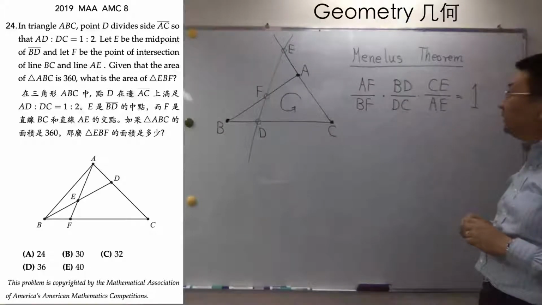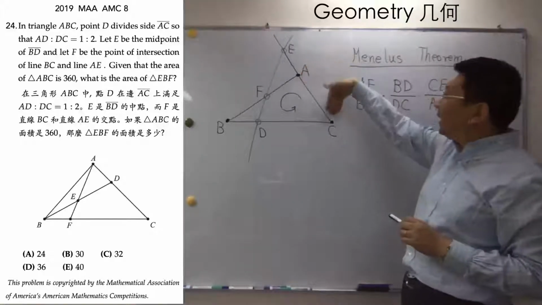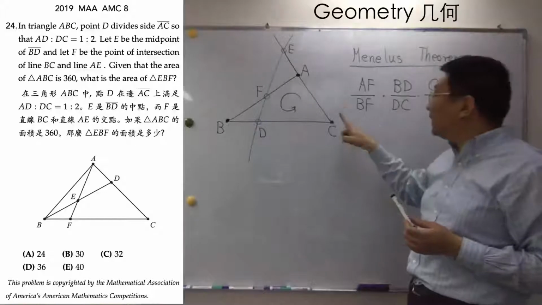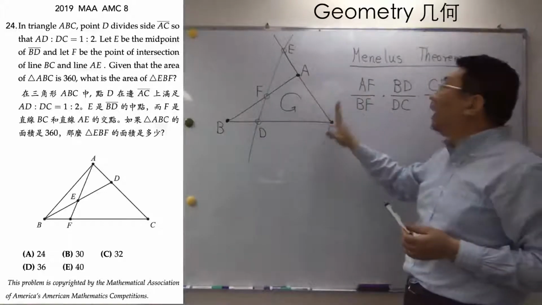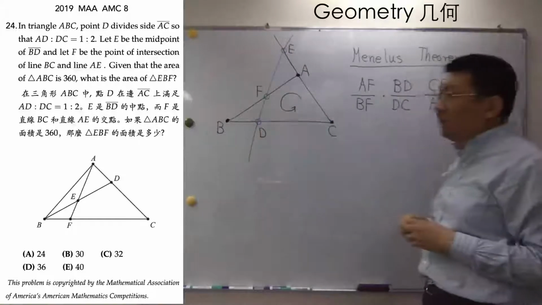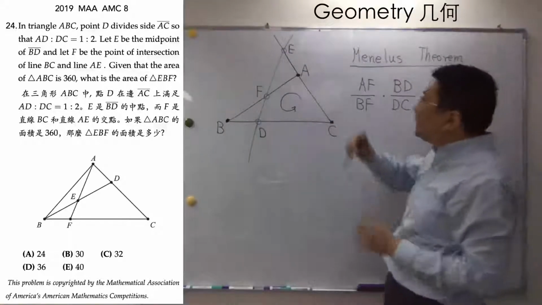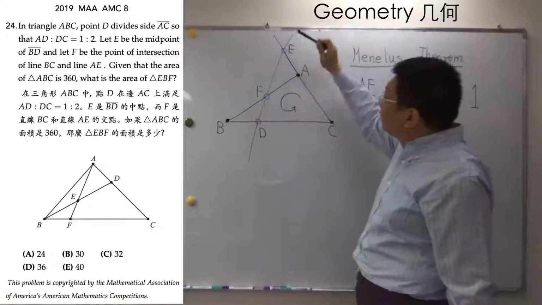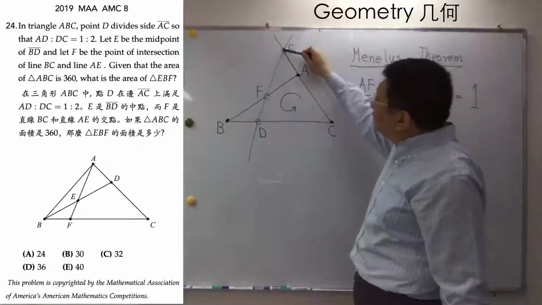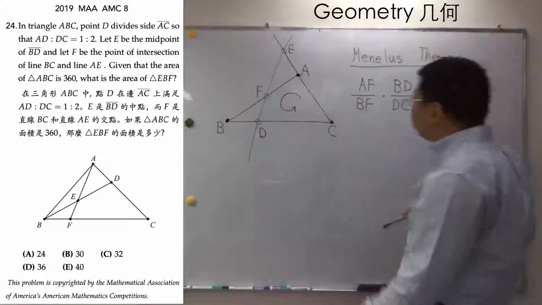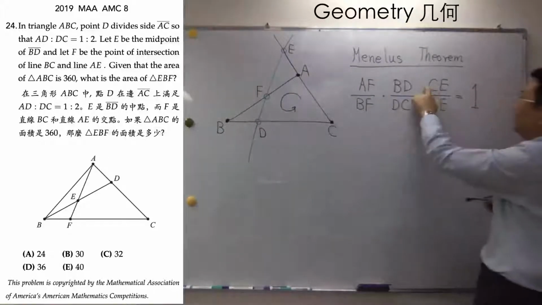What is the third one? The third one, of course, should be related to the side AC. But this side is a little bit complicated, given that the intersection point is outside the side AC. If we follow the same rule, which is to use that intersection point to form a ratio, the two line segments would be from the intersection point to the two vertices. So that's why it would be EA and EC.